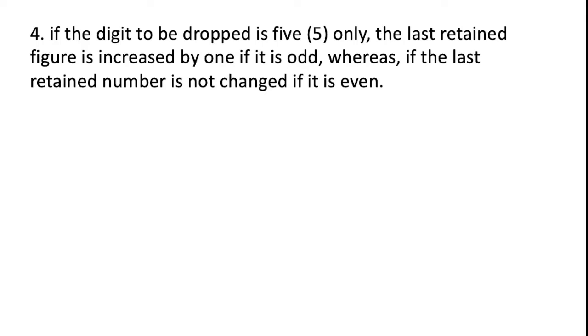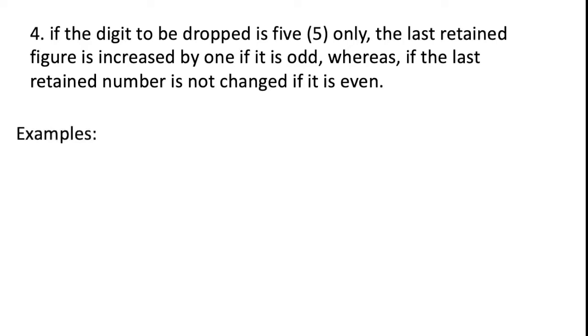And rule number 4 is stated in this way: if the digit to be dropped is 5 only, the last retained figure is increased by 1 if it is an odd number. Whereas if the last retained number is an even number, it will not be changed.